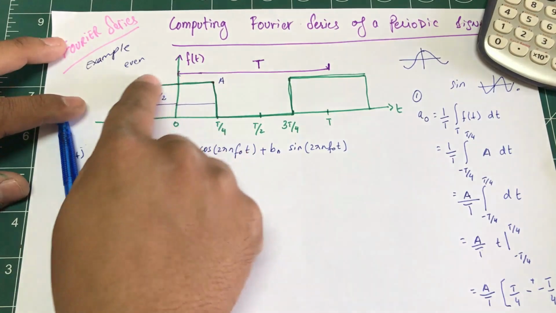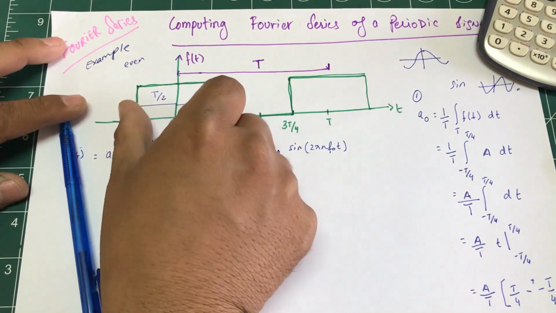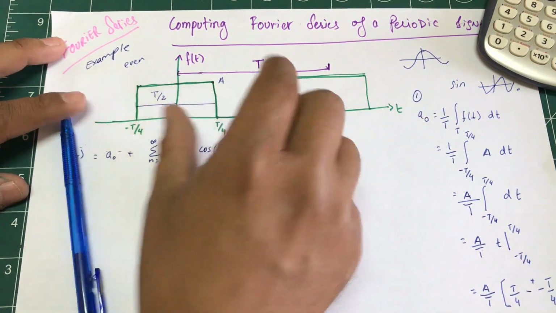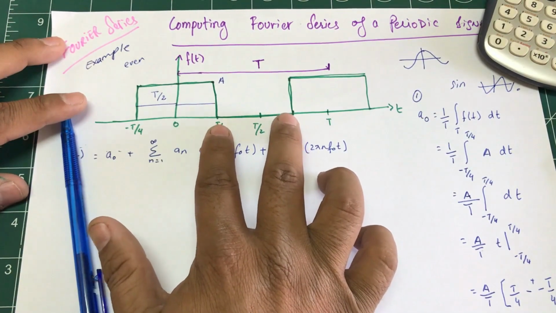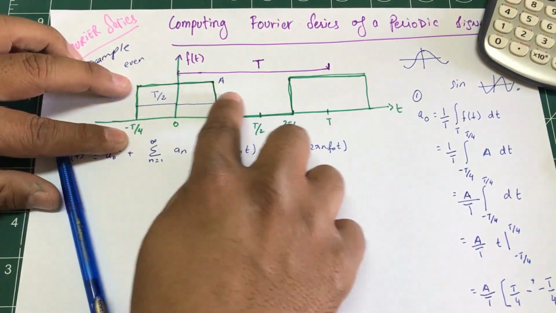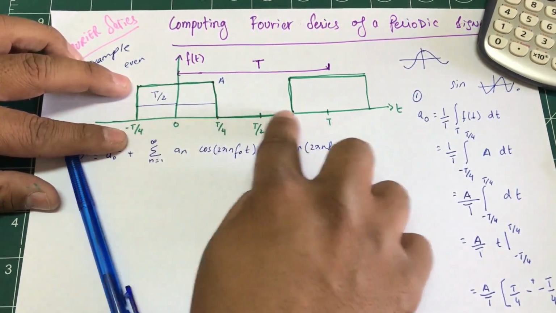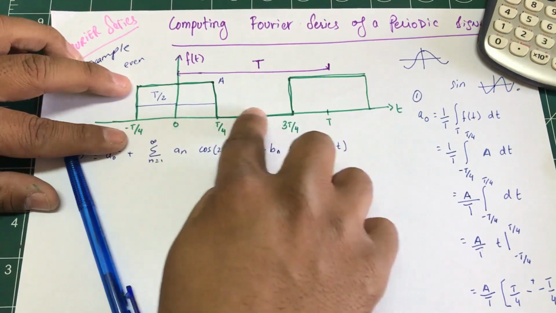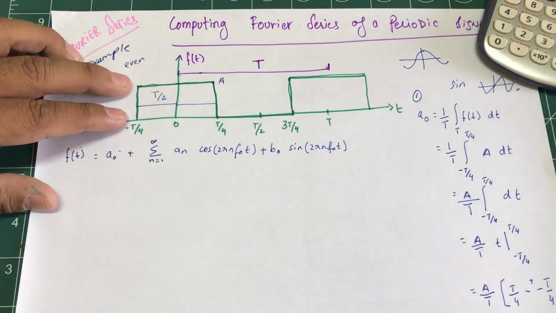If this whole thing is A, and half of the time it is A and the other half of the time it is empty, then by just looking at my rectangular signal, if I were to cut this in half and lay it on top, what is my average DC? It's just going to be a half, isn't it?